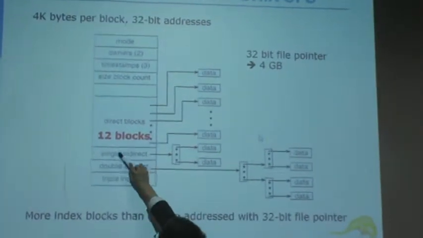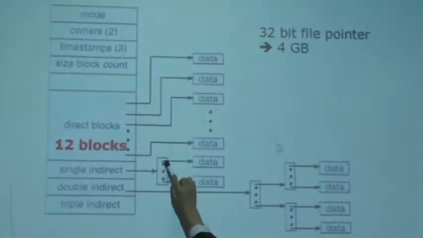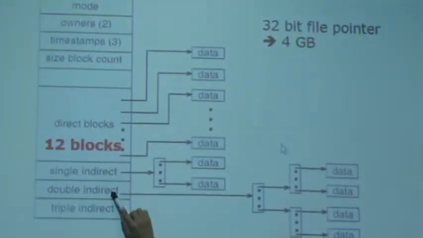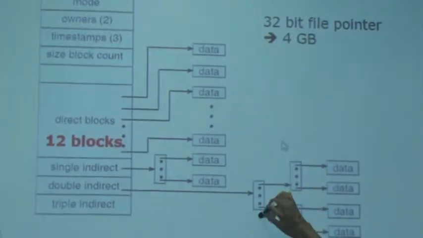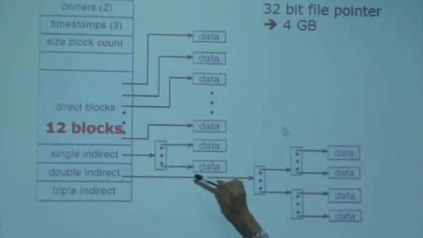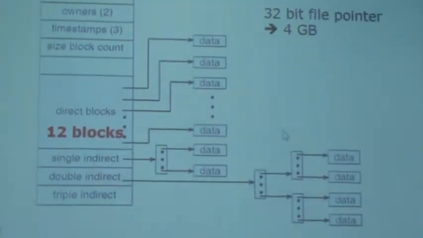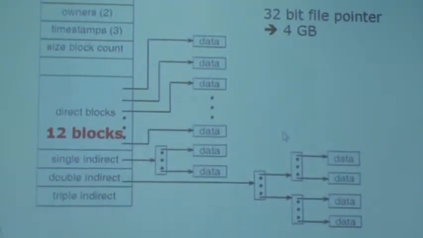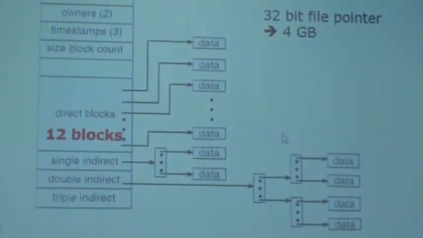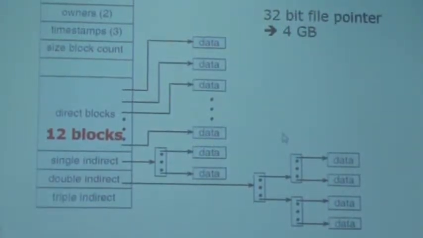Single indirect means we have a single-level index block, so index allocation. Double indirect means we have the index block of index blocks, like this one. Triple indirect, we have another level. Why do we combine different schemes in one block allocation?